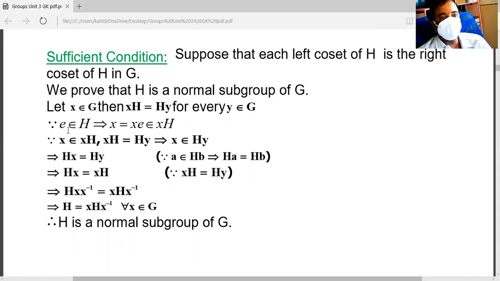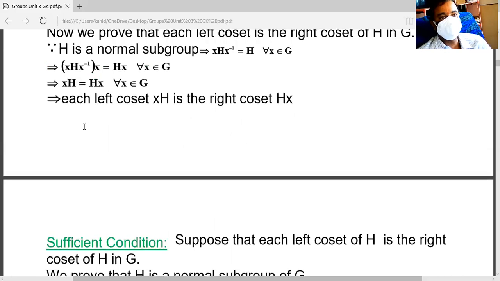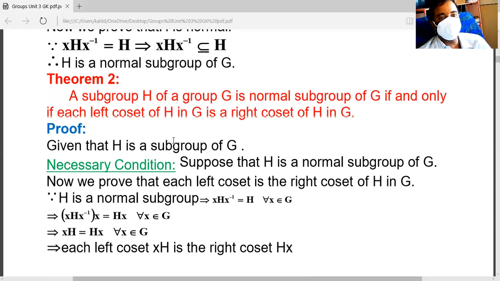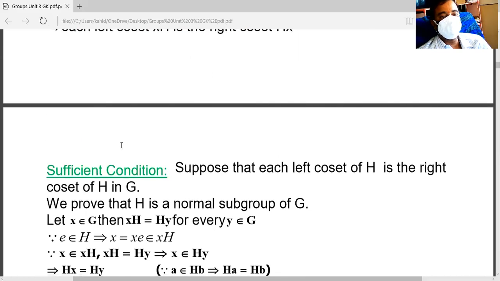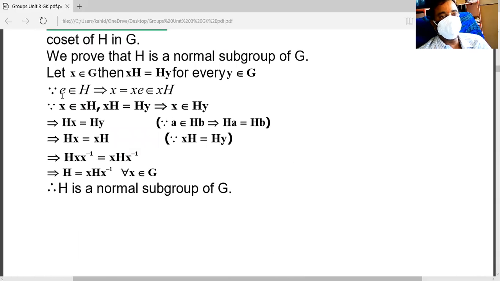For that, we know that E belongs to H because H is a subgroup. The common portion is there, given that H is a subgroup. Subgroup means group. Group means the identity law exists. That means identity element E in H. Now, what about xE? x is x, E belongs to H. What is xE? xE means x. x belongs to xH.